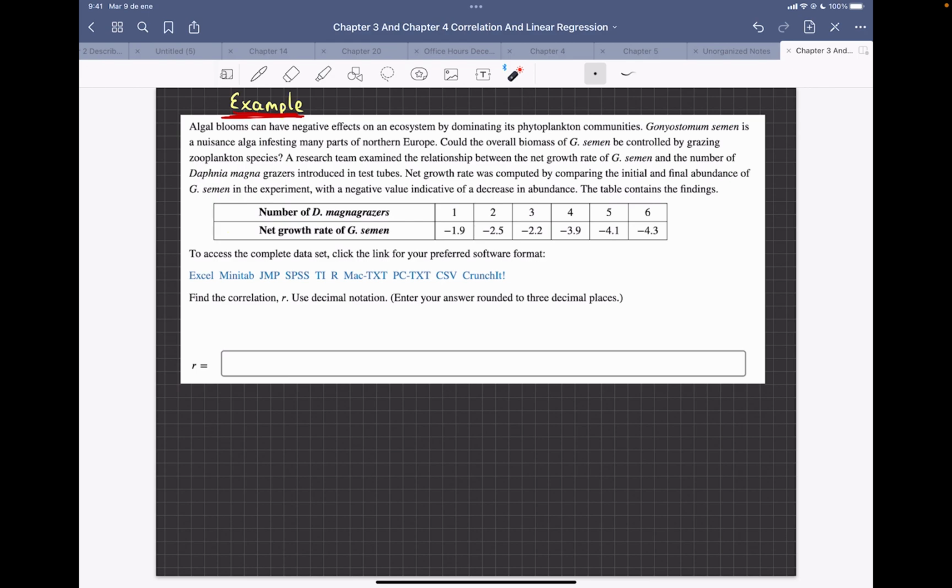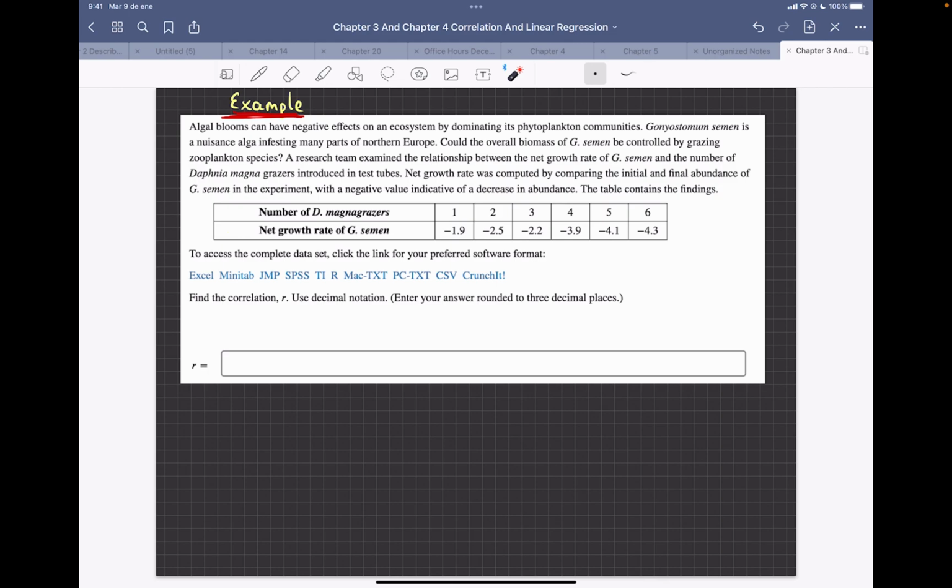Our research team examined the relationship between the net growth rate of G. semen and the number of Daphnia magna grazers introduced in test tubes. Net growth rate was computed by comparing the initial and final abundance of G. semen in the experiment, with a negative value indicative of a decrease in abundance. The table contains the findings.